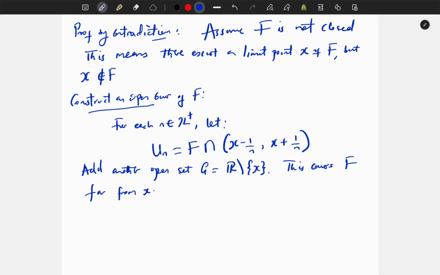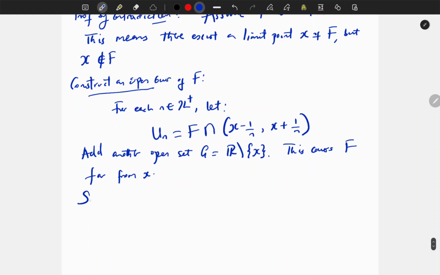The next thing we need to verify is whether we can actually find a finite subcover from this open cover we have defined, which will actually cover the whole of F. Suppose we choose a finite subcover, if that is possible.